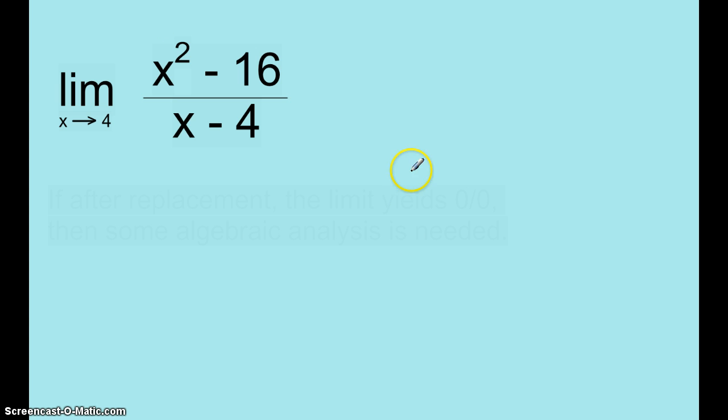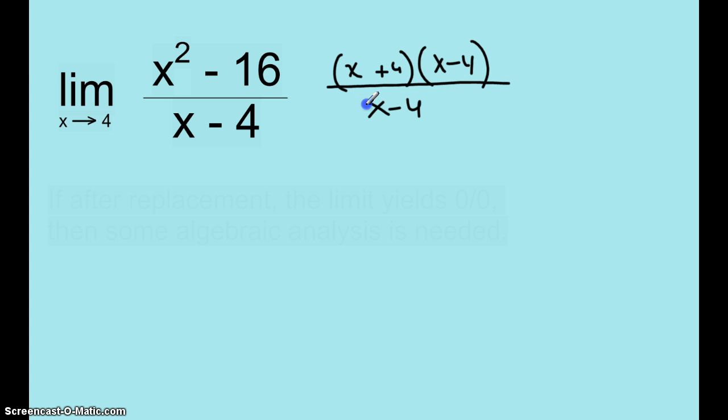And it's fairly obvious in this scenario that you can factor the numerator, because it's the difference of two squares, into x plus 4 and x minus 4. Those x minus 4s will cancel out.